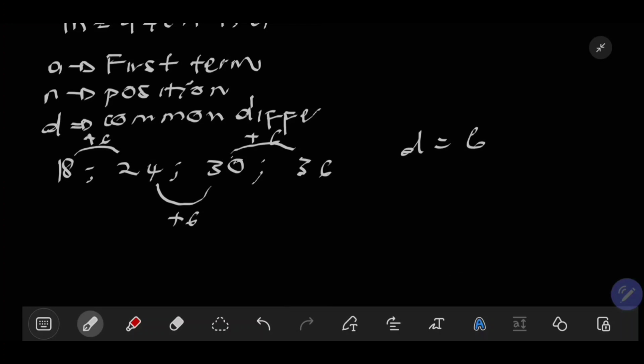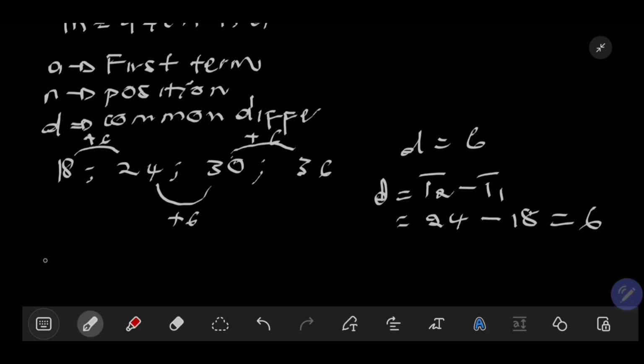Now, how do we get the difference? D equals T2 minus T1. The difference is just the difference between any two consecutive terms. If we take T2 and subtract T1, we have 24 minus 18, which gives 6.